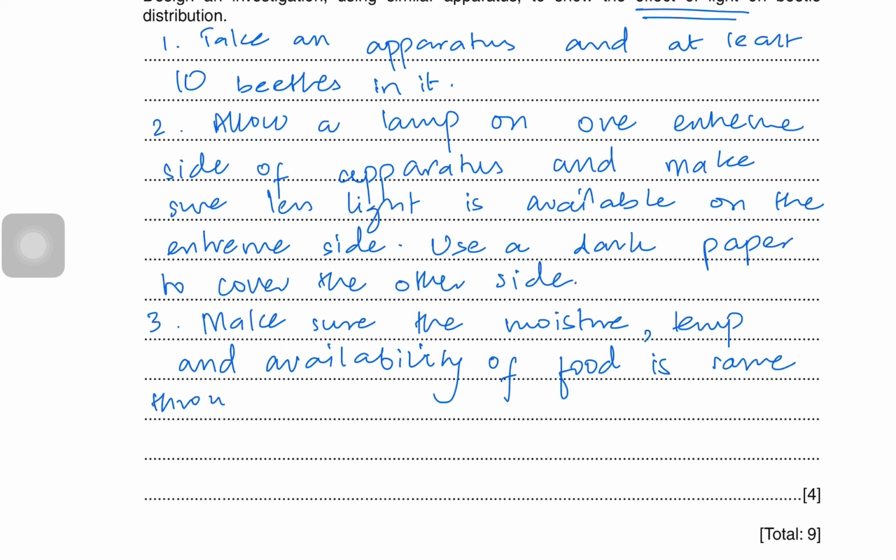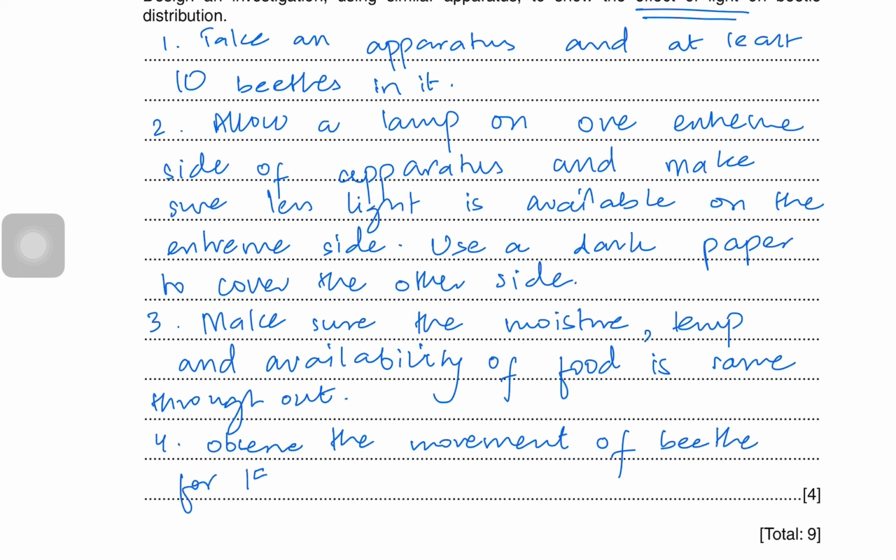Because you want to see how light is affecting. So only light is different because one side is light, other side is dark, but everything else is the same. Now what will you observe? You will observe the movement of beetle for same time. Movement of beetle, let's say for 15 minutes using stopwatch.